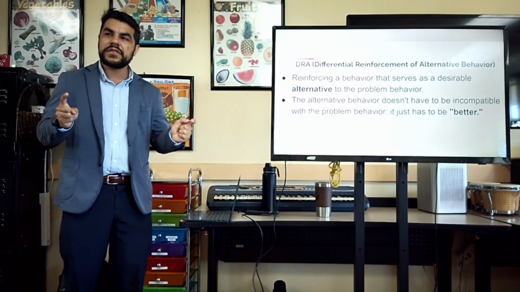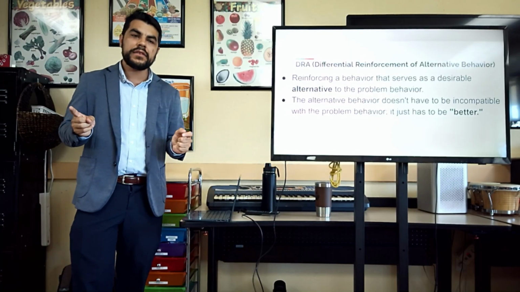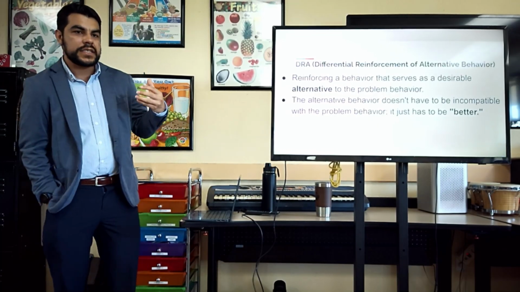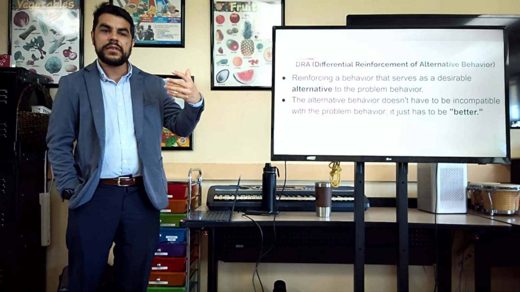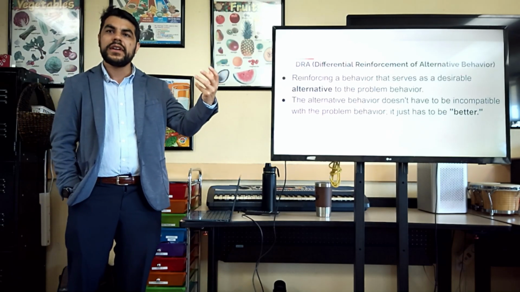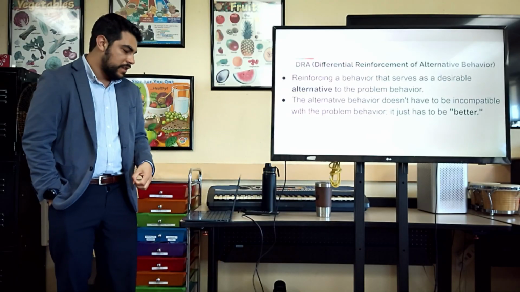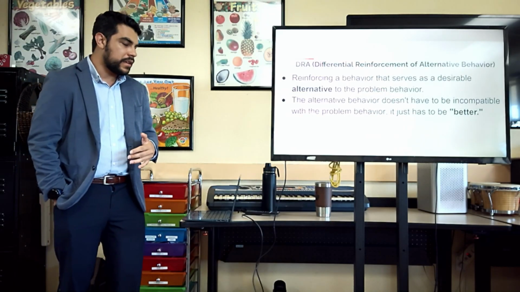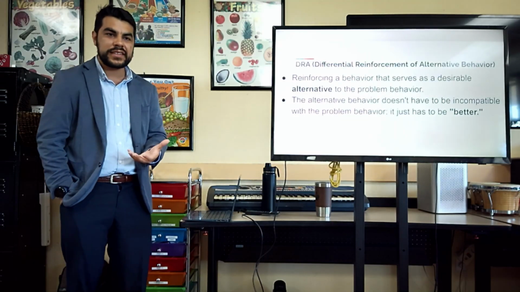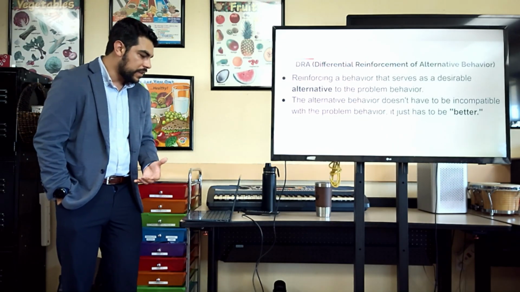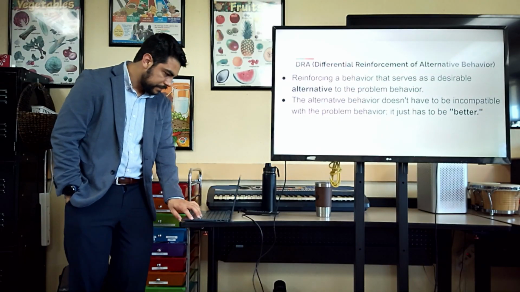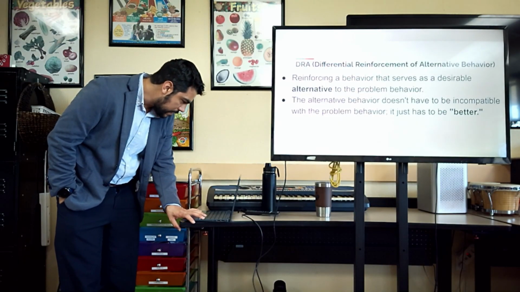And the behaviors themselves don't have to be incompatible with one another. It's just simply listed out for the individual that the desired behavior is a lot more effective. And conversely, the undesired behavior doesn't get them what they want as readily and as efficiently. So that is DRA.